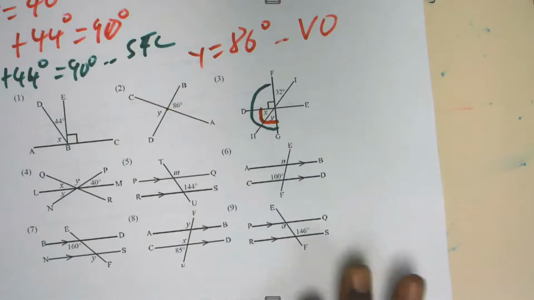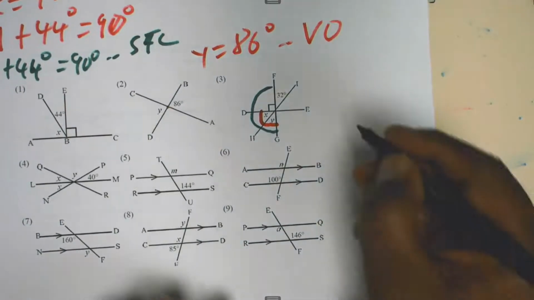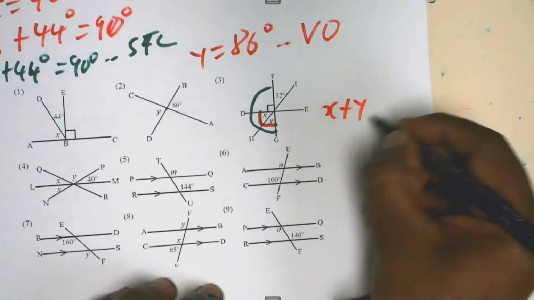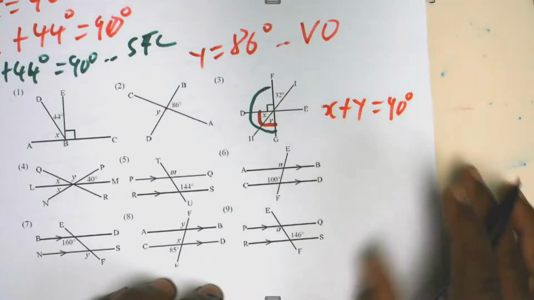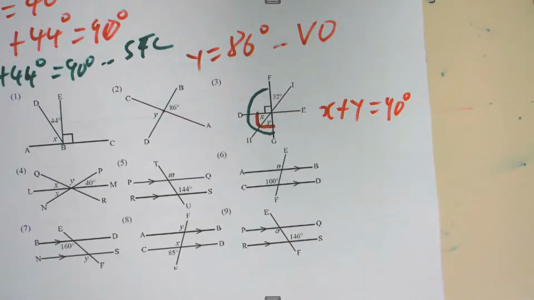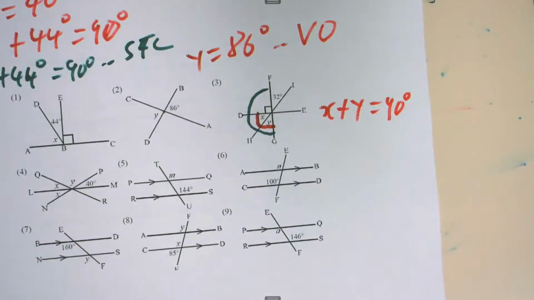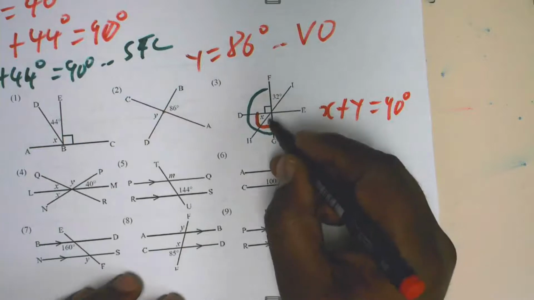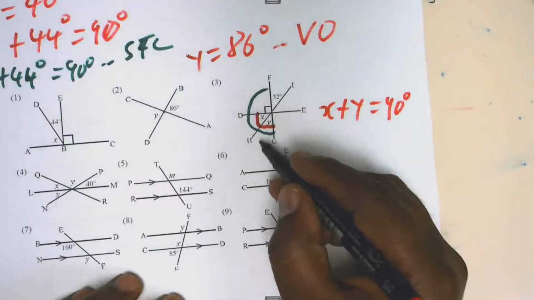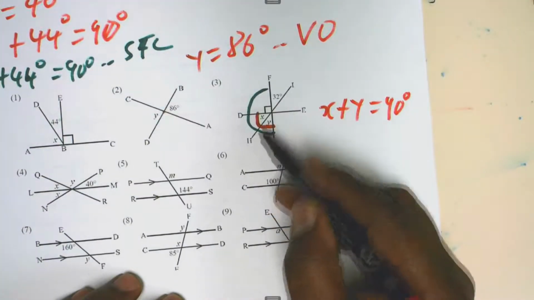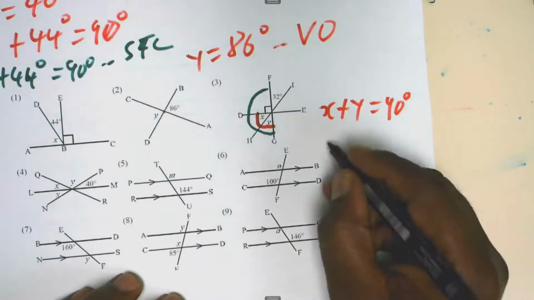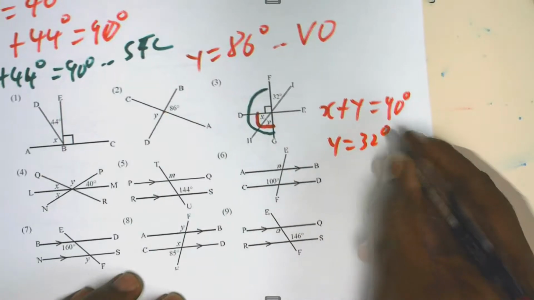So you can write an expression in two ways. X plus y should be equal to 90 degrees. Straight line. If that is 90, this must be 90. But how is y? Y is vertically opposite to 32. Therefore, y is equal to 32.